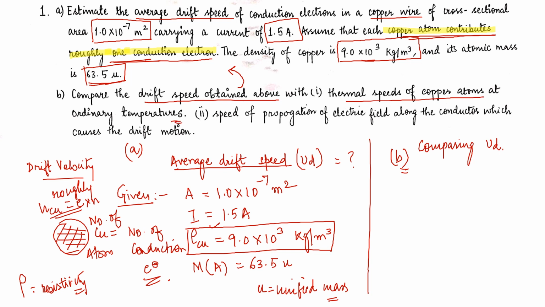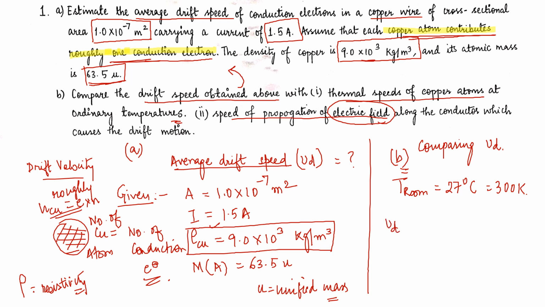Ordinary temperature is room temperature, that is 27 degrees centigrade, which equals 300 Kelvin. And then the speed of propagation of the electric field along the conductor, which causes the drift motion. At what speed the electric field is propagating, we have to compare it with that.